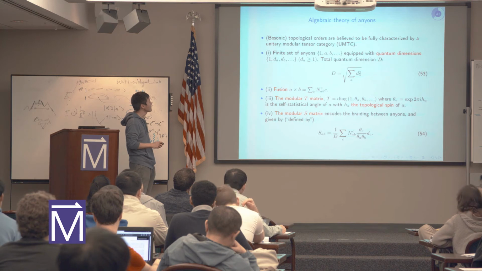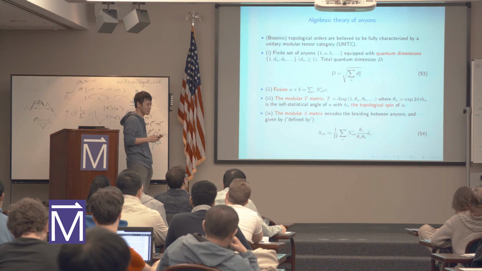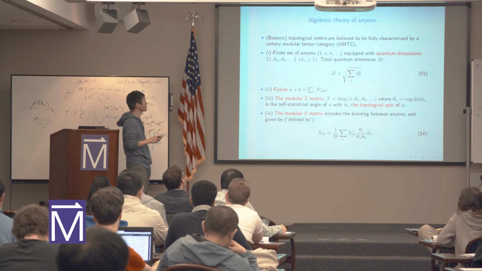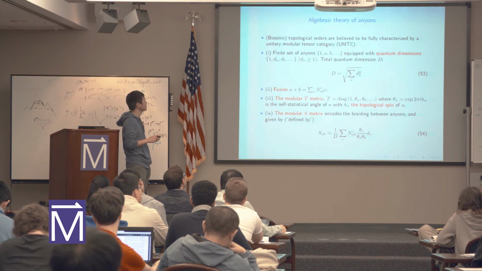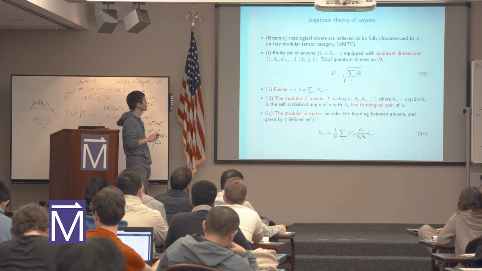So here's a quick summary of the properties of the anyons. In mathematical terms, there's a theory for anyons, called tensor category theory, or unitary modular tensor category theory.